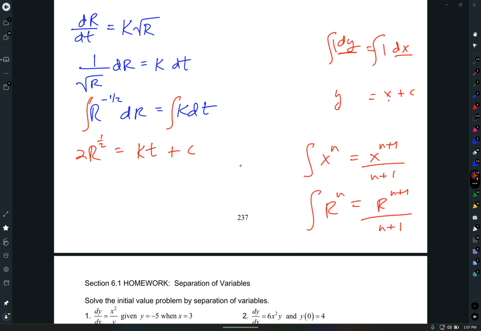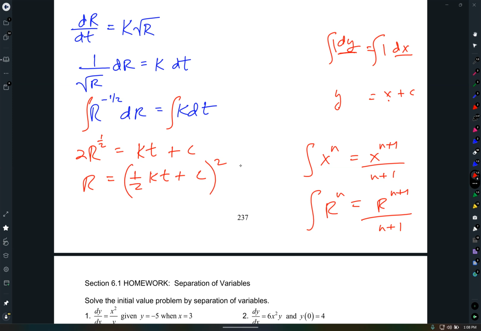Okay? And then one last step here, we need to solve for r, right? Because when it says solve the differential equation, that means find r. So r is going to be half of that stuff, and then squared. And again, you can distribute the 1/2 to the c or not, since it's just a plus c.